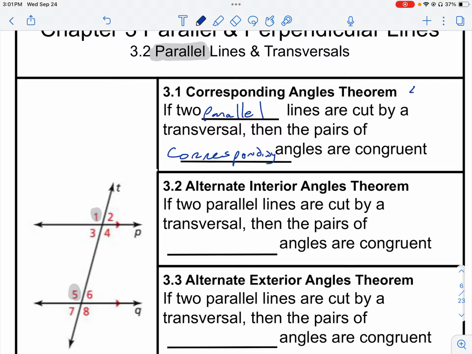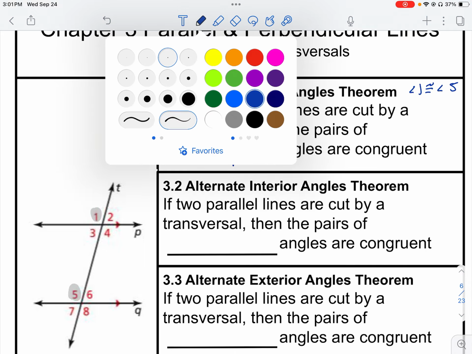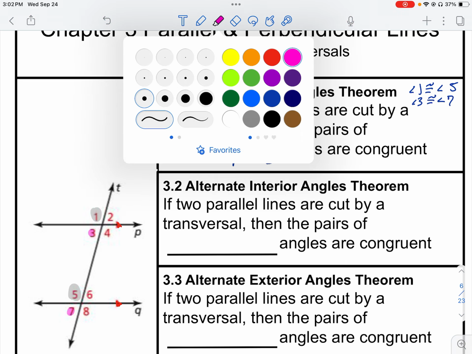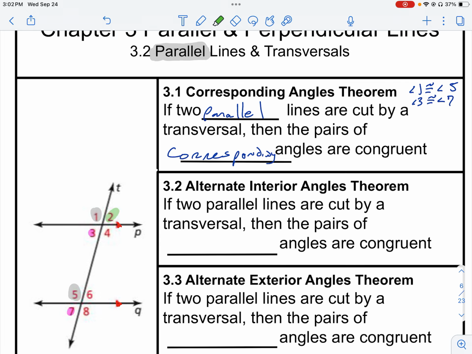So, angle 1 is going to be congruent to angle 5, because as we can plainly see, we have right here and right here, we got these little arrows which says line P and line Q are parallel. So 3 and 7 are going to be congruent. 2 and 6 is going to be congruent.